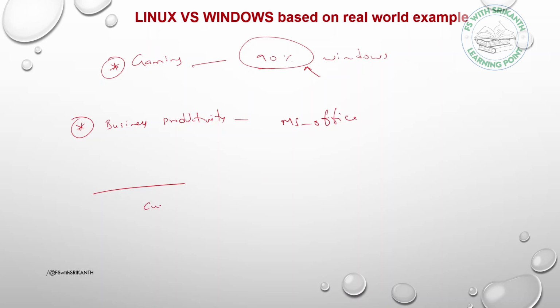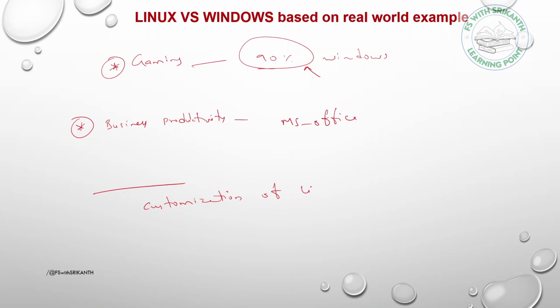One more, customization of OS. Here Linux is highly customizable and can be tailored to meet specific needs, making it a popular choice for developers, researchers and other technical users.